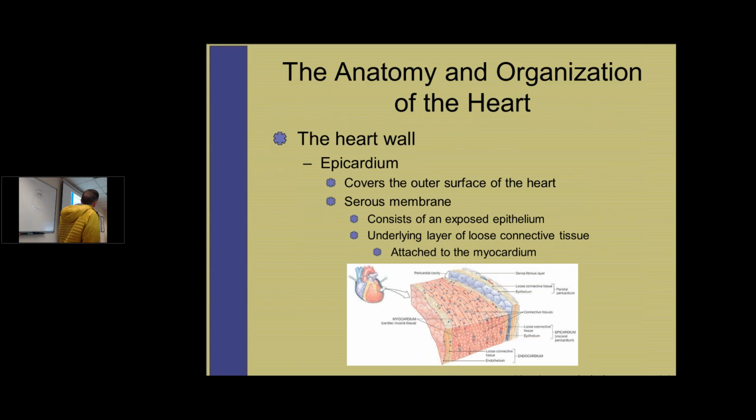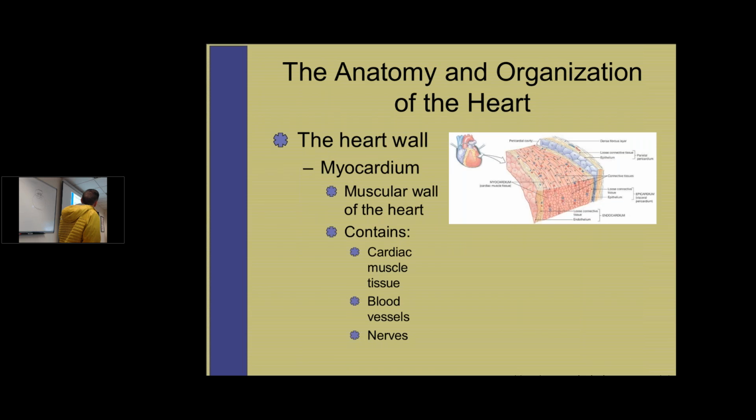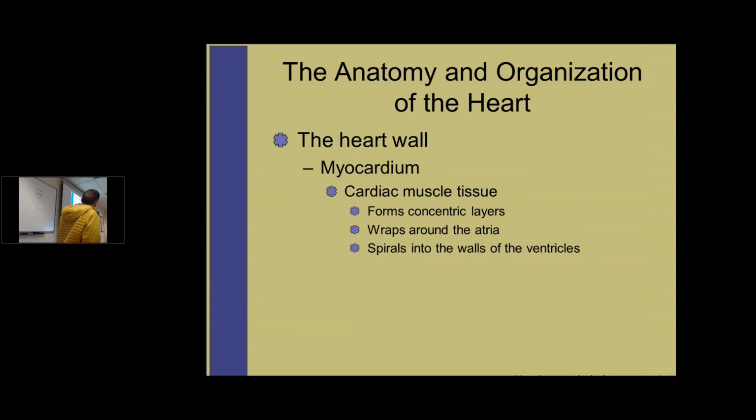It's where the heart is attached by those connective tissues to stabilize it. Myocardium is the muscular layer. This is where blood vessels are as well. This is where the nerves are, because this is where the electrical system has to happen in the heart to get a contraction, right? And we'll talk about that later. The electrical system of the heart is pretty incredible as well, and how it all works.